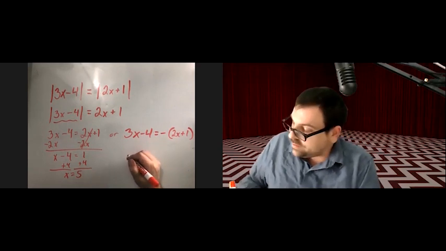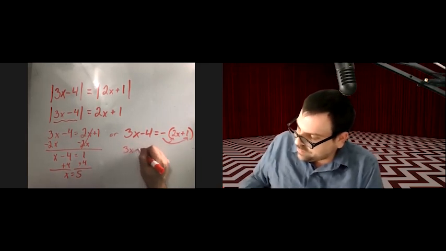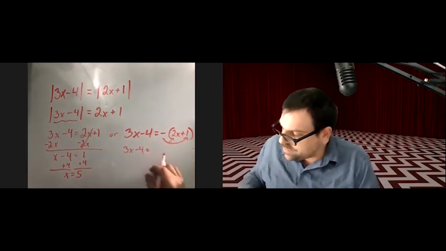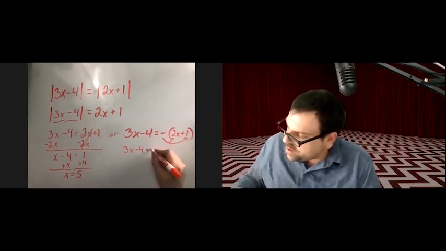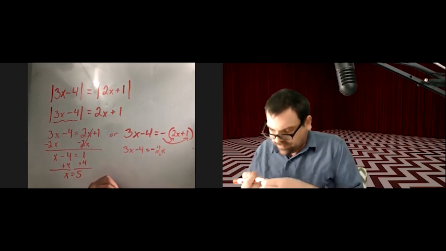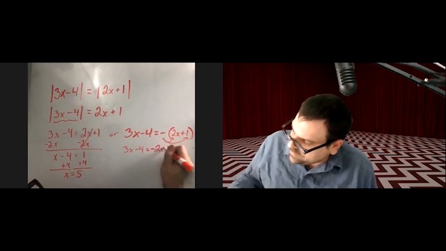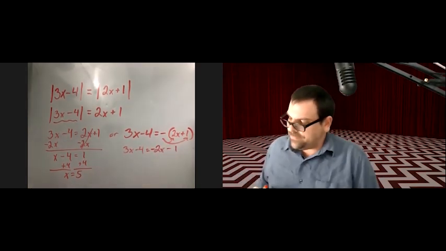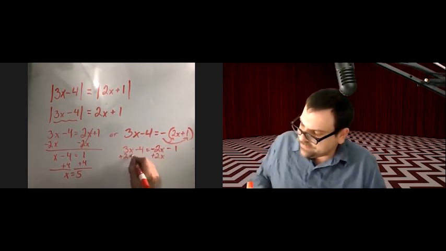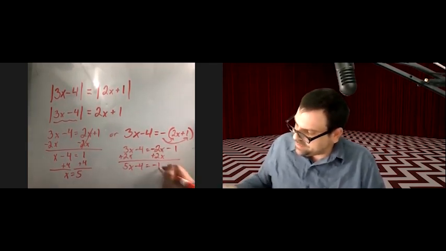Over here, I'm going to distribute the negative. 3x minus 4 equals negative 2x minus 1. So I'm going to add 2x to both sides. 5x minus 4 equals negative 1.